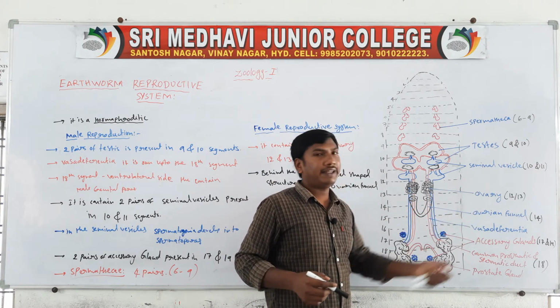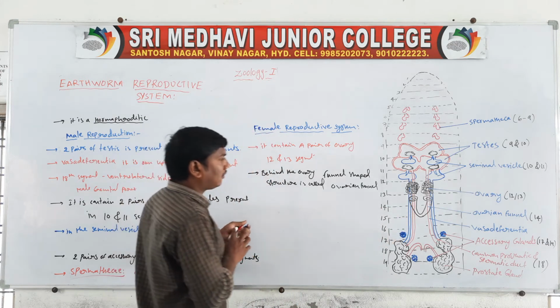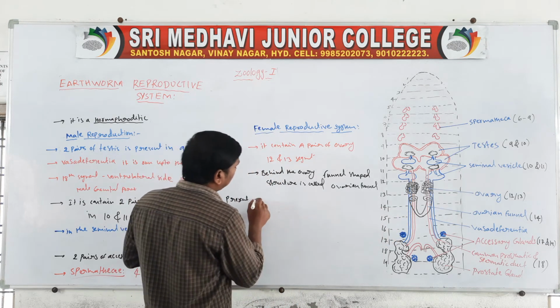It is called the ovarian funnel. So behind the ovary there is a funnel shaped structure, called the ovarian funnel. These two ovarian funnels are connected to the 14th segment.